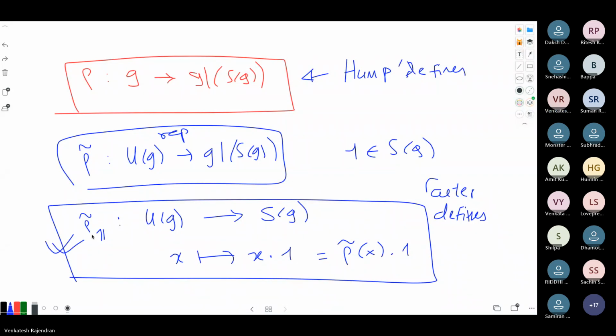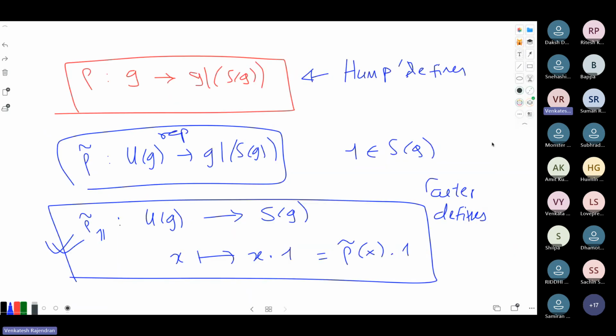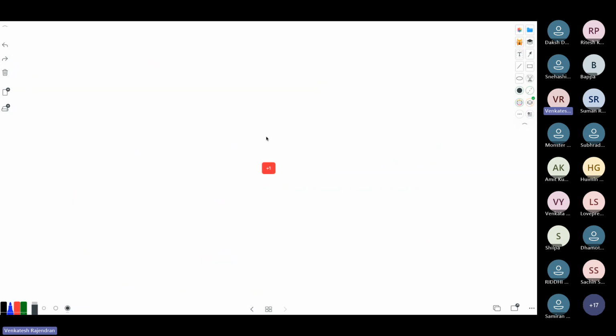Okay, I have less time, but again, the checking we can do during the tutorial, not a problem. So how do you construct this map? Again, you use induction to construct this map. You write down what is required, then it will be applied. Okay, so here is the map.